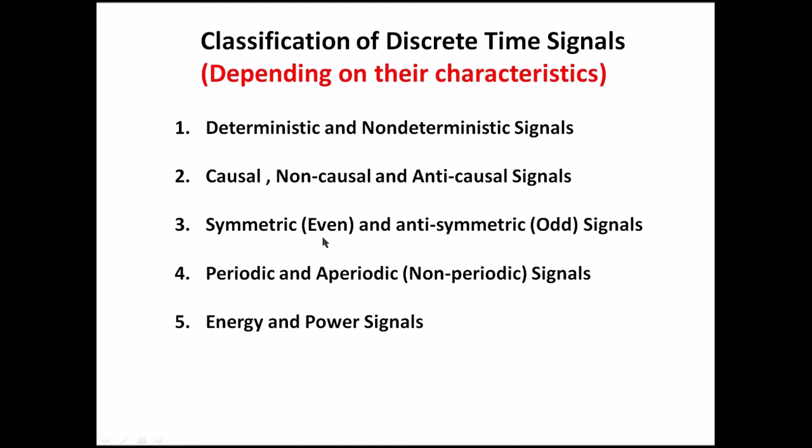Third one is symmetric signal, which is also called even signal, and anti-symmetric signal, also called odd signal. Fourth one is periodic and non-periodic signal, which is also called aperiodic signal. And the last one is energy and power signal. So these are the classifications depending on their characteristics.